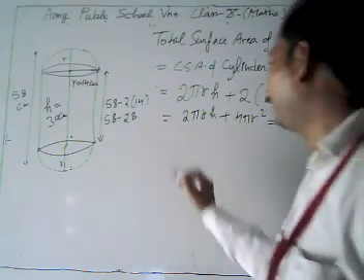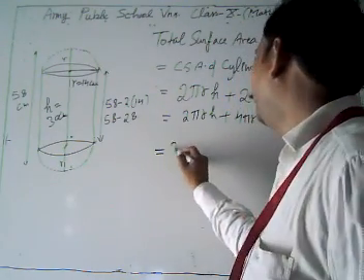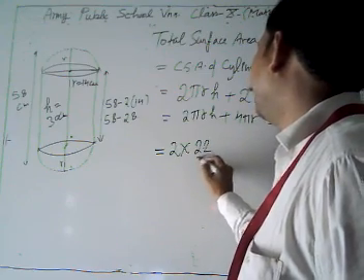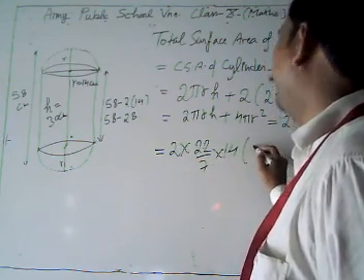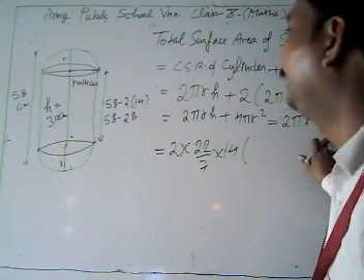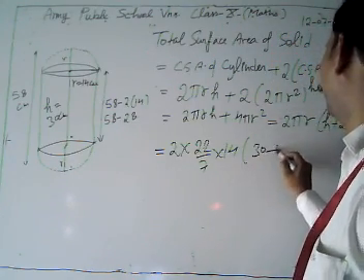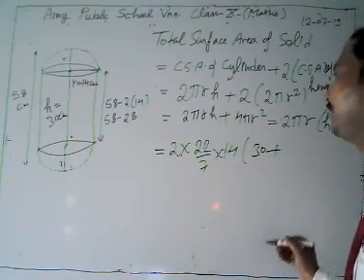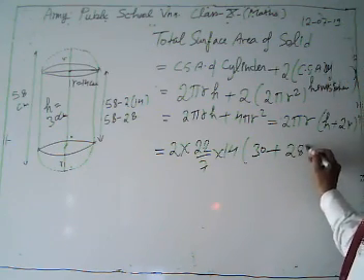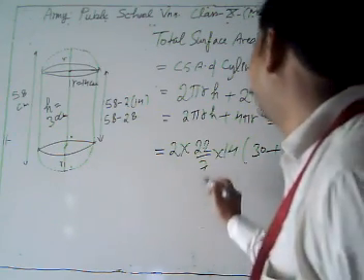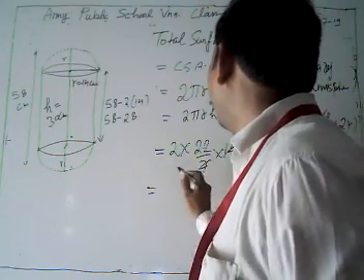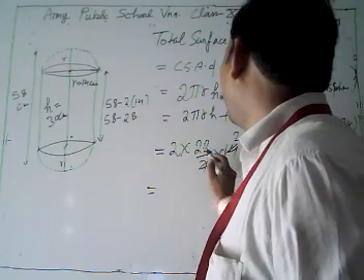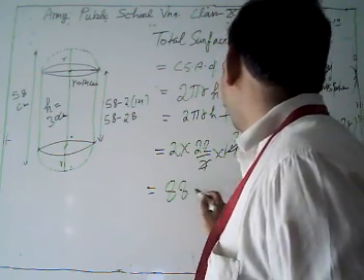Now we put the values in. 2 pi is 22 by 7, r is 14, and h, the height of the cylinder, is 30, plus 2r. 2r means the diameter, which is 28. Now 7 into 14 gives 2, 4 into 2 is 8, so 88.